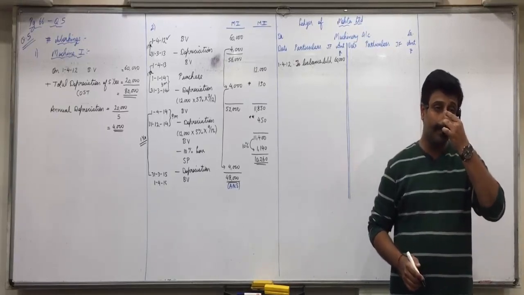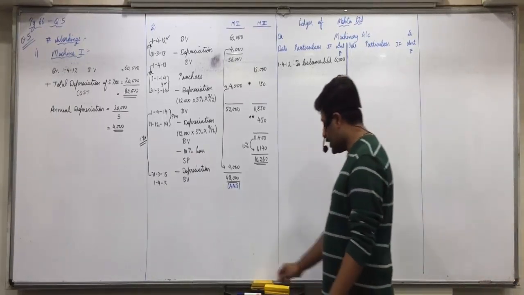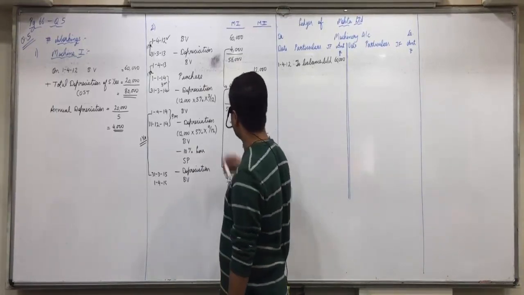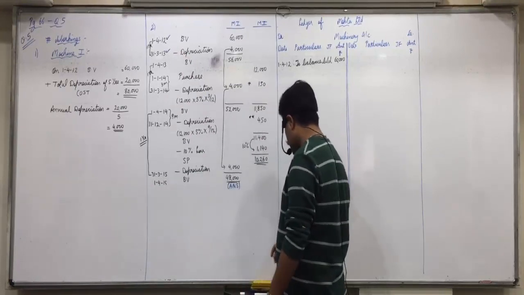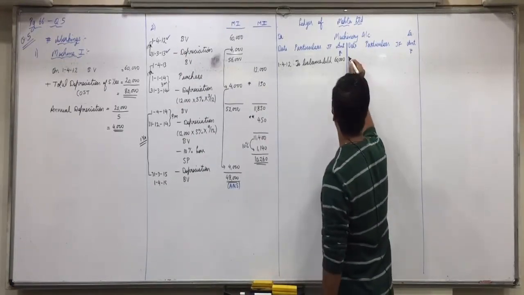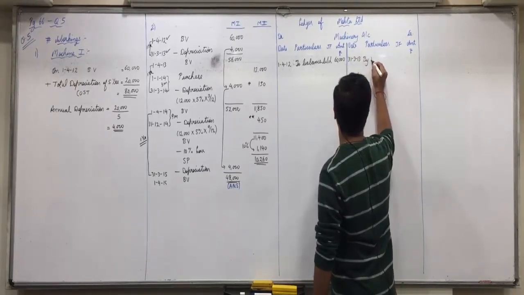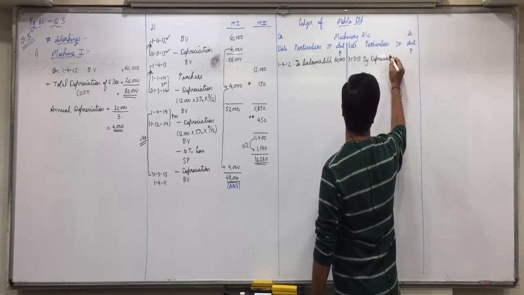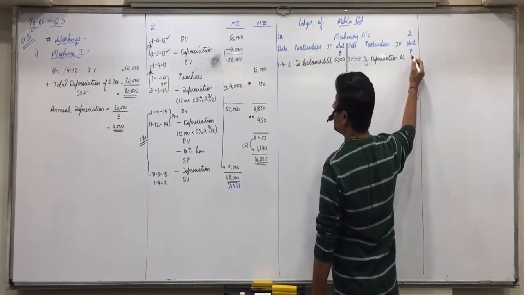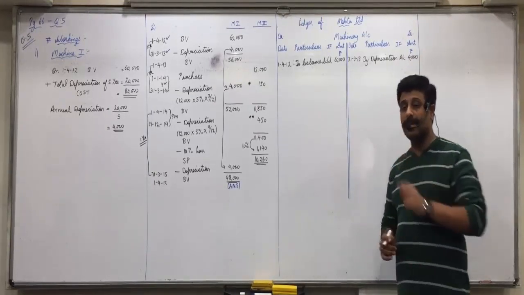This side? 31/3/13, by depreciation 4,000. Yes, after that 31/3/13 we have to record depreciation. Depreciation will come on credit side. 31/3/13 by depreciation account 4,000. Is everyone clear with this?